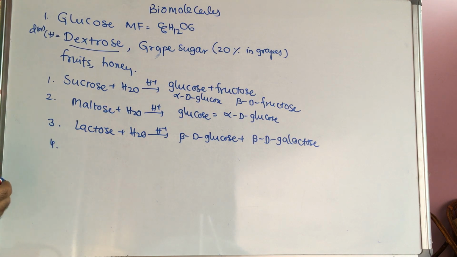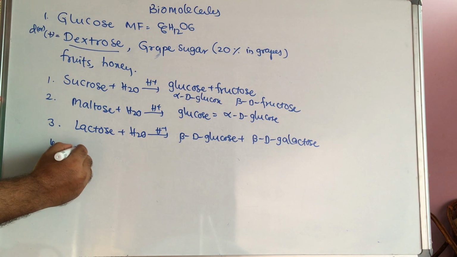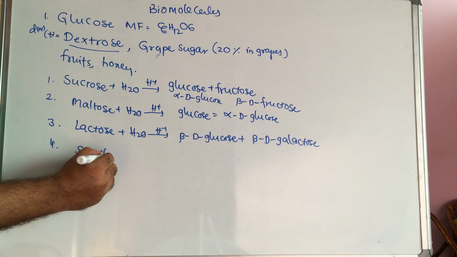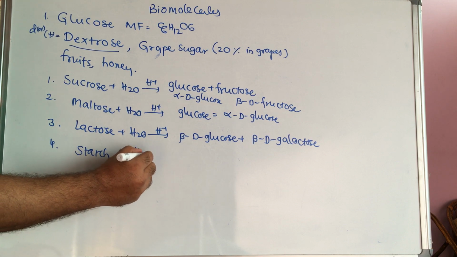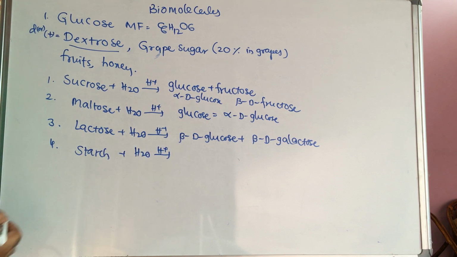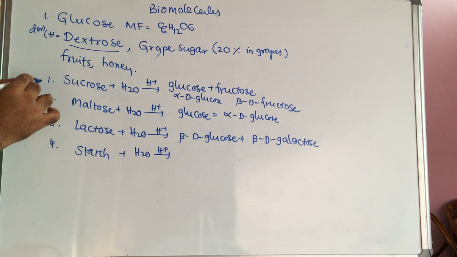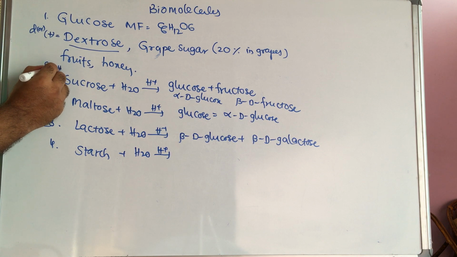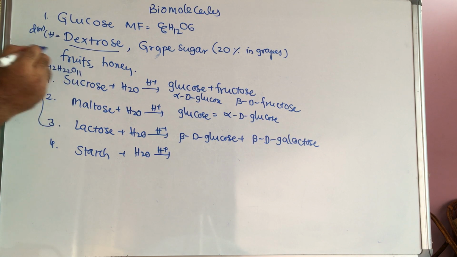Next, the fourth one, the polysaccharide starch, on hydrolysis. The molecular formula for these three, sucrose, maltose and lactose, is C12H22O11.